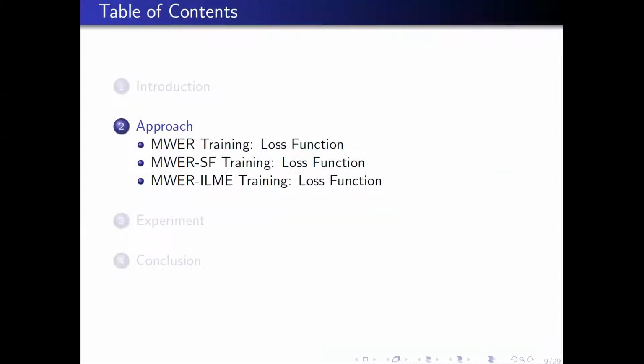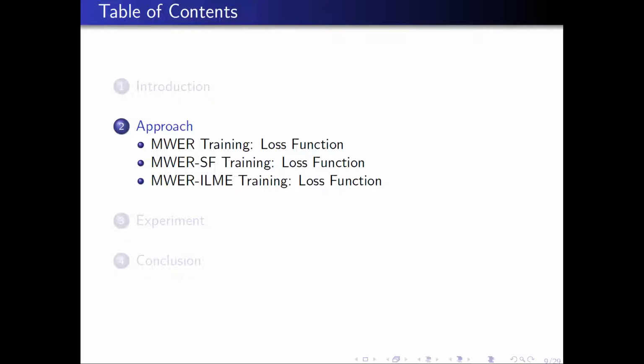In this section, we present how language model fusion is integrated into the training of end-to-end models. First, we present minimum word error rate training for end-to-end models as a baseline without language model fusion. Second, we present how shallow fusion is introduced into the MWER training.